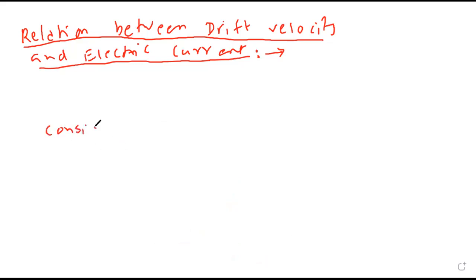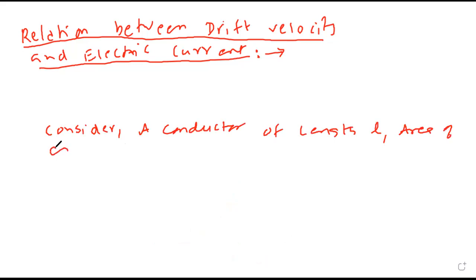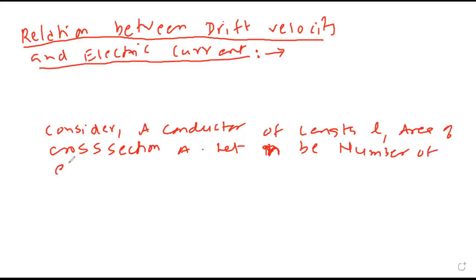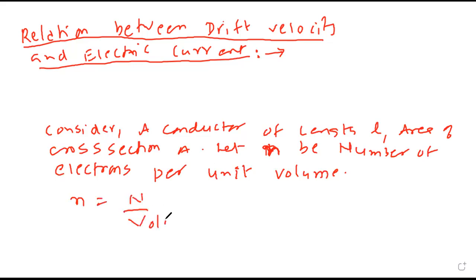So if I consider a conductor of length L, area of cross section A, let small n be the number of electrons per unit volume. n is number of electrons upon volume.